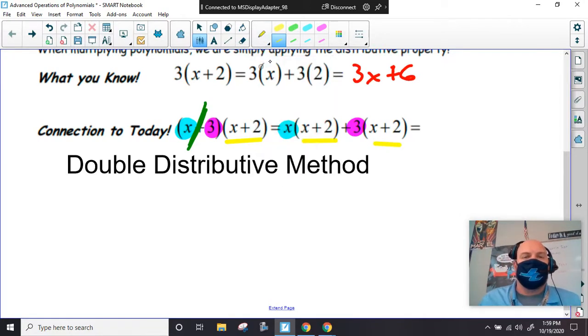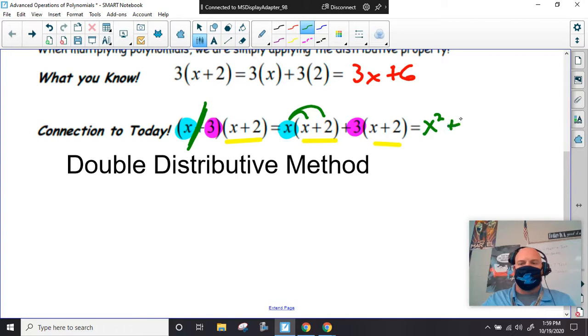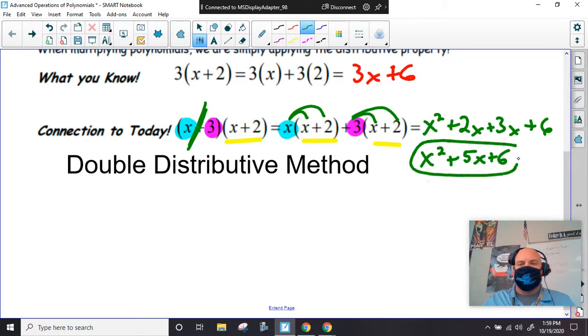And we end up getting x squared plus 2x plus 3x plus 6. And when we combine like terms, we get this right here. And that's kind of what we're going to be doing today.